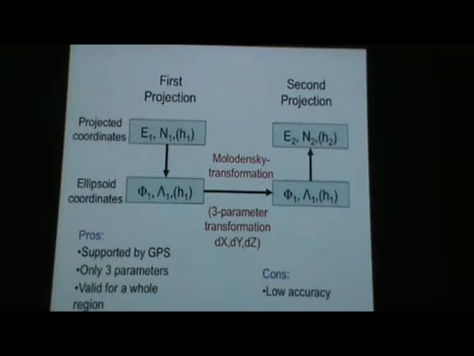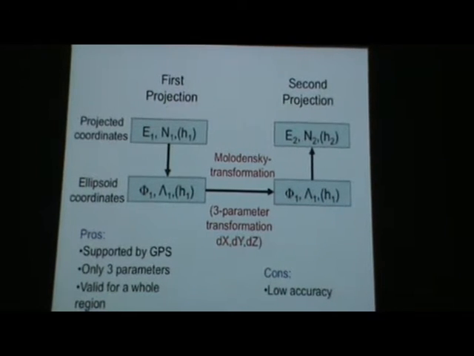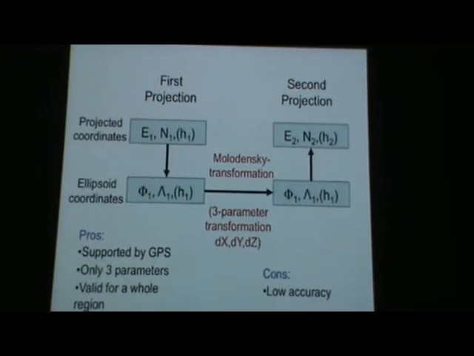The other method applied in GIS software is the transformation between ellipsoid coordinates. The black arrow downwards is the inverse projection equations.